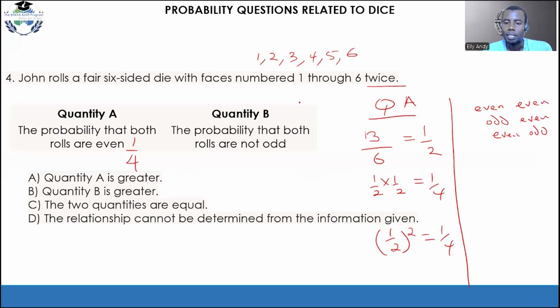Not really, because there's a rule in probability, the complement rule, that we can use to calculate this quantity B very fast. That is, the probability of something. So maybe if you were to use an example, the probability of getting odd plus the probability of getting not odd sum up to 1.